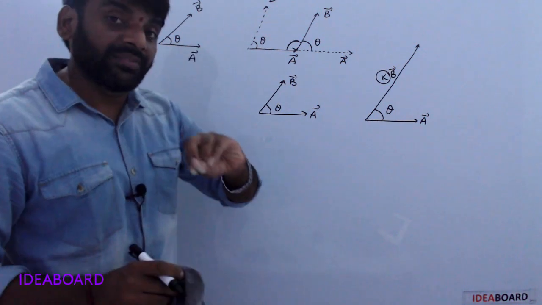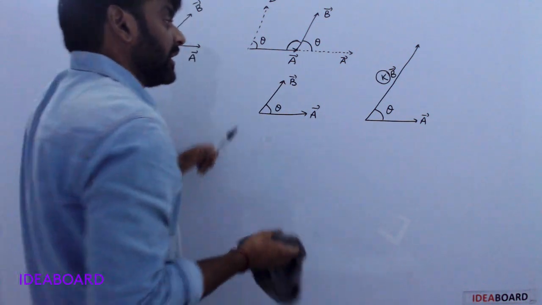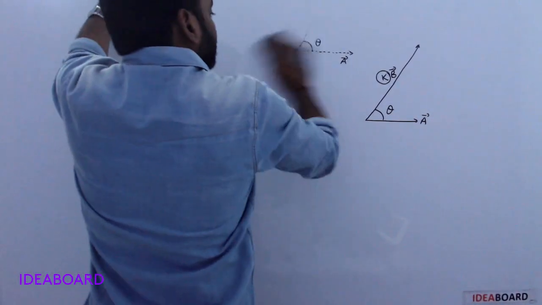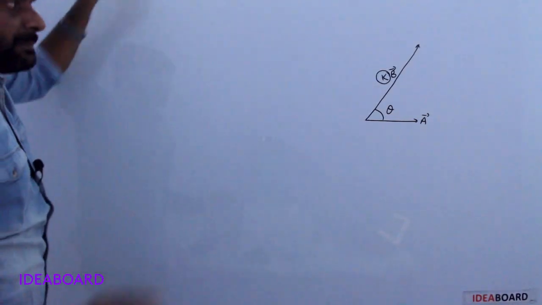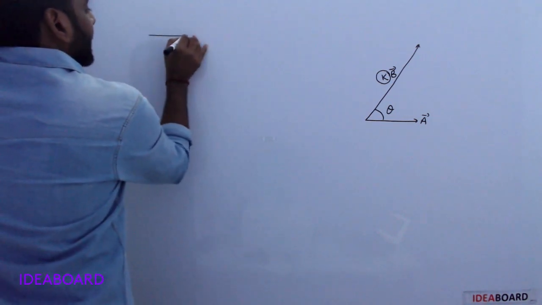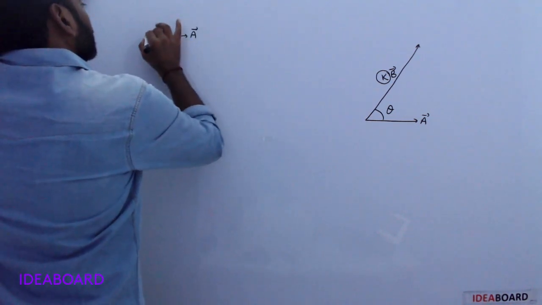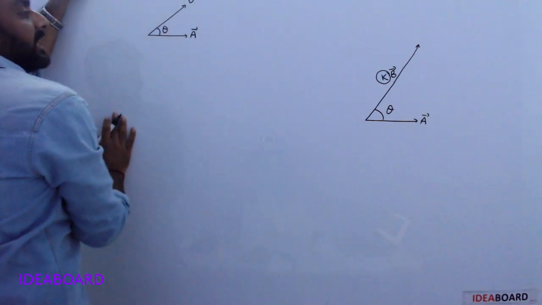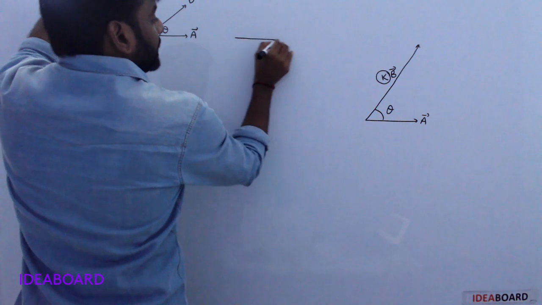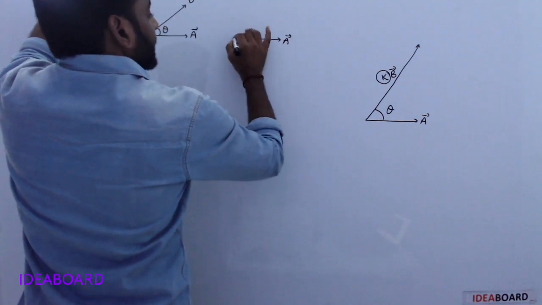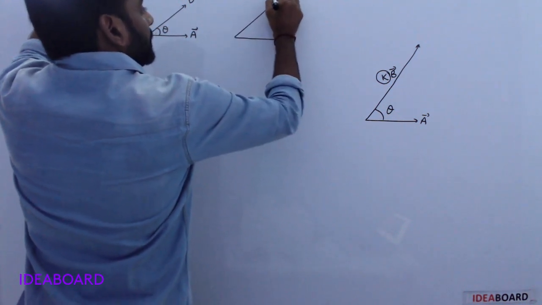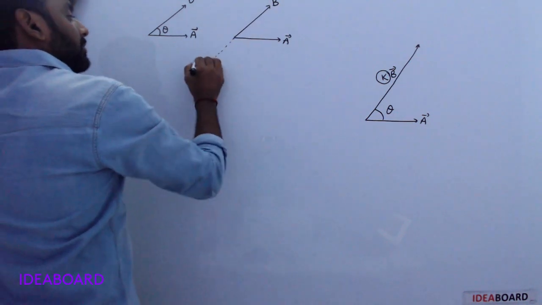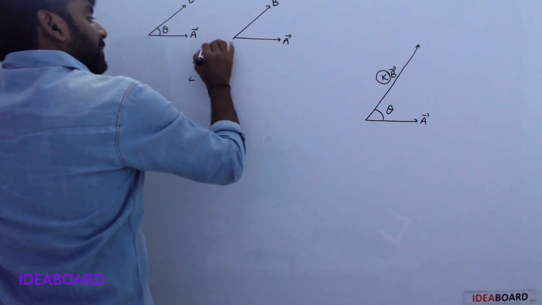If multiplied with a negative constant, say this is A bar, this one is B bar, and the angle is theta. Multiplied with minus K, B bar as usual, multiplied with a negative number means minus KB bar.